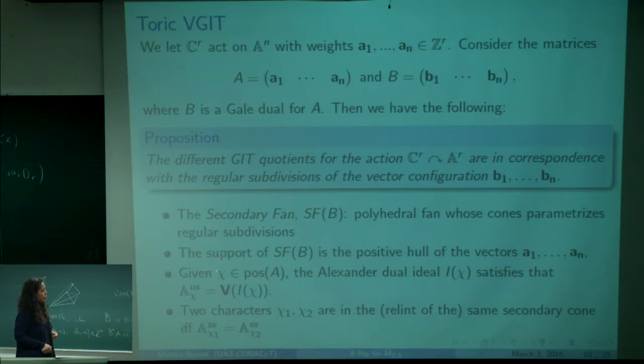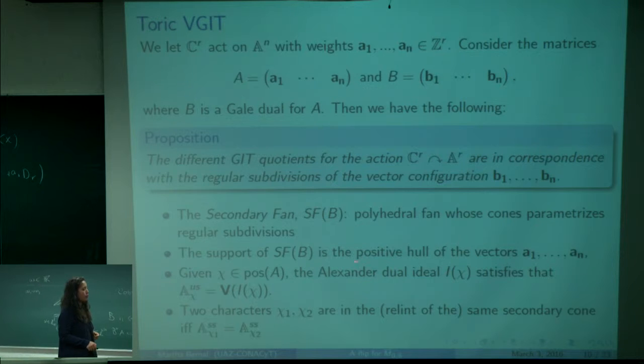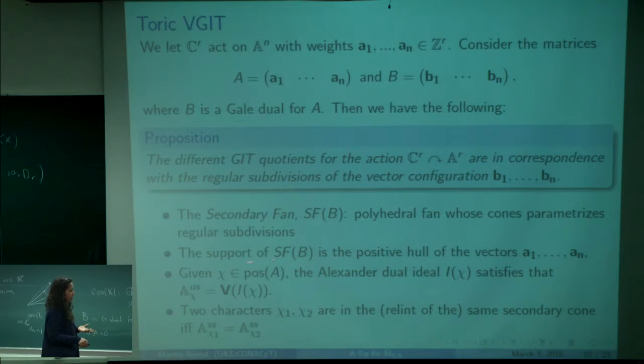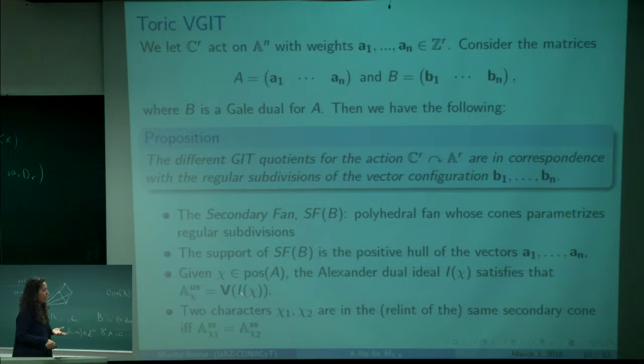Then if you take an element, a character chi, in the positive hull of these vectors, because this is the support of the secondary fan, this character will give you a subdivision of this vector configuration.